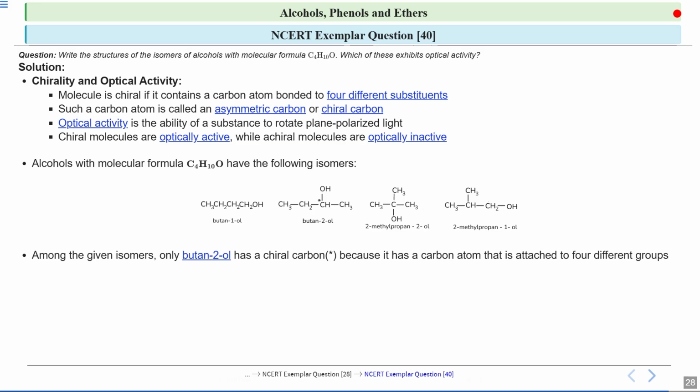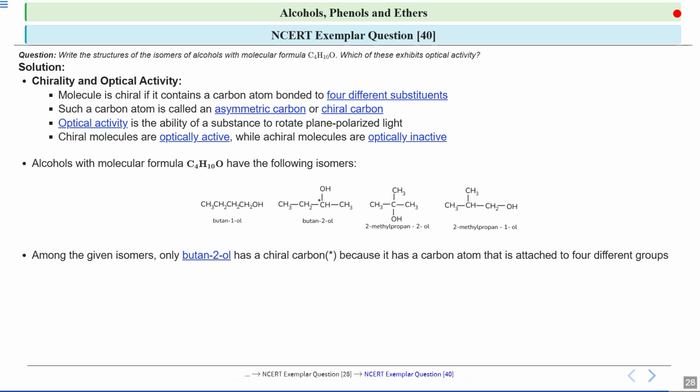Now if we look over all these four compounds, butan-2-ol has a chiral carbon. If we look at this, it has four different groups: one is this OH group, one is this CH3 group, one is this CH2 group, and one is this hydrogen. So all the four substituents attached to this carbon are different.